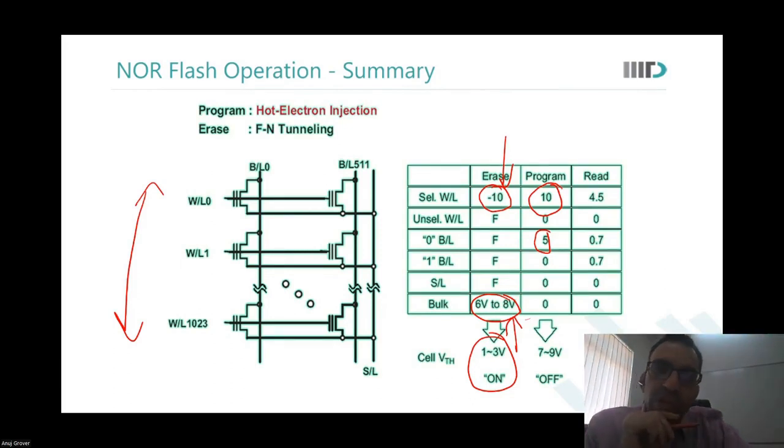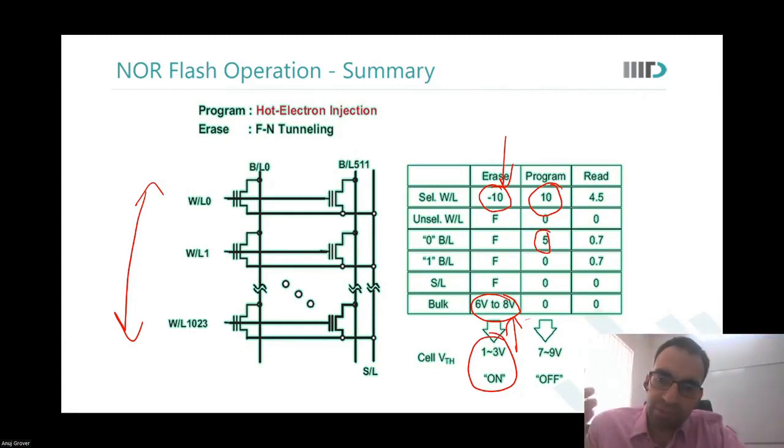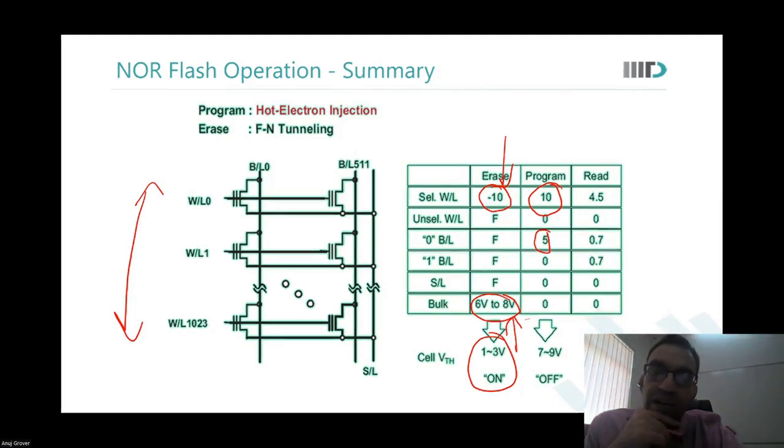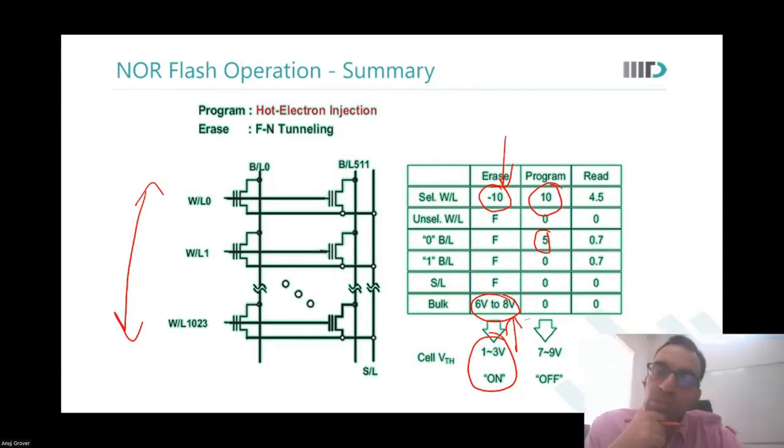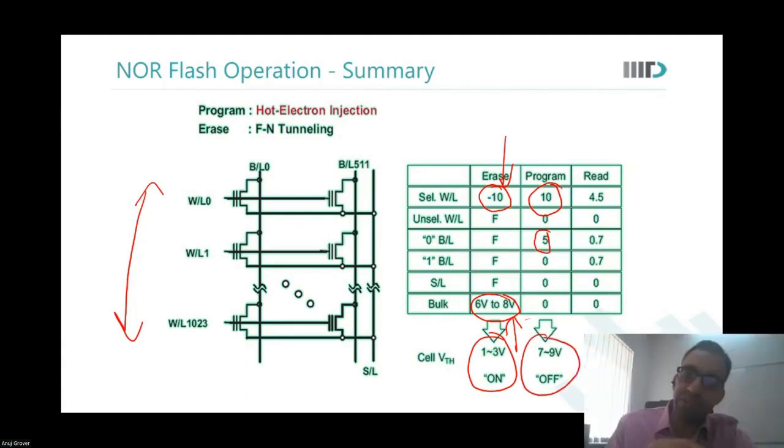You create a high VDS across the device, so charges are energized, and then you have a vertical field also. So electrons are attracted to the gate. They will breach through the gate oxide and enter into the floating gate there. As a consequence, VT would increase.